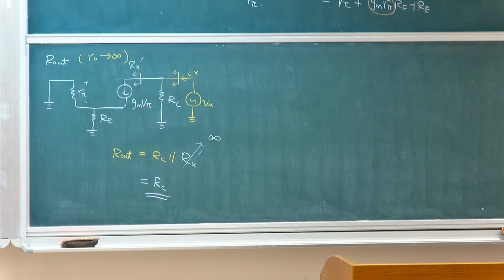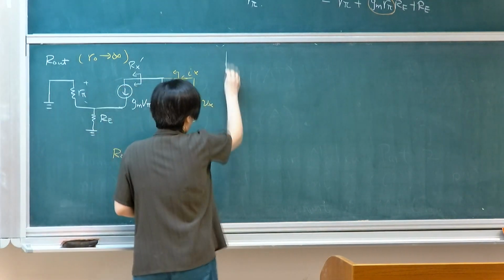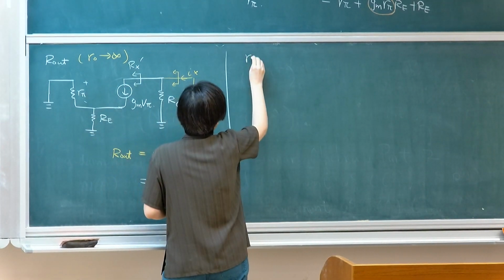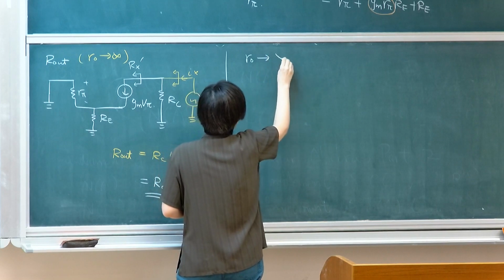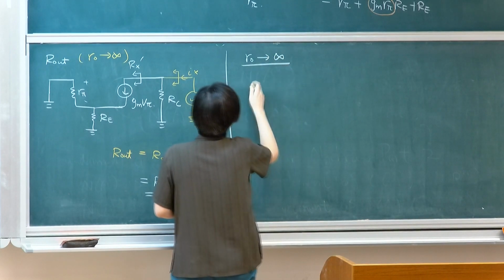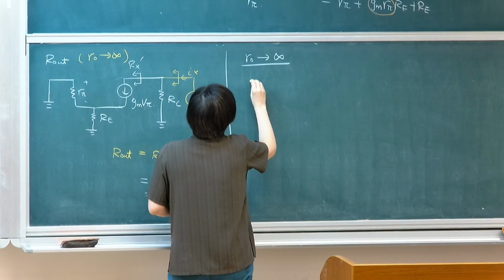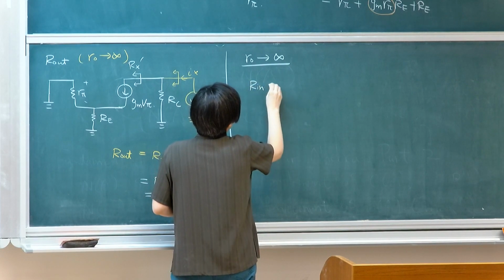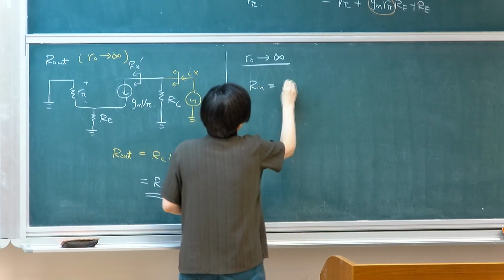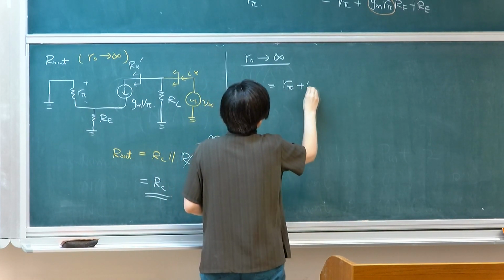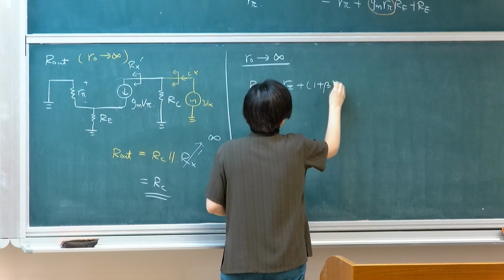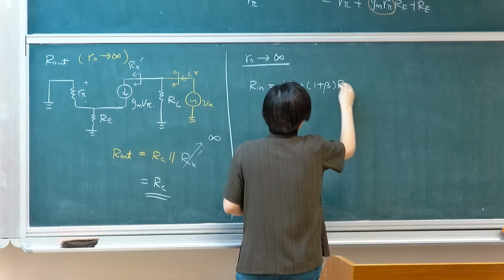So let me make a summary. If I'm ignoring the early effect, in the special case of assuming RO infinite, your input resistance once again is R pi plus (1 plus beta) RE.